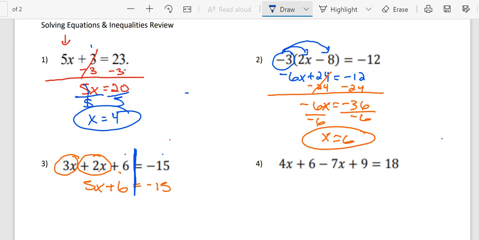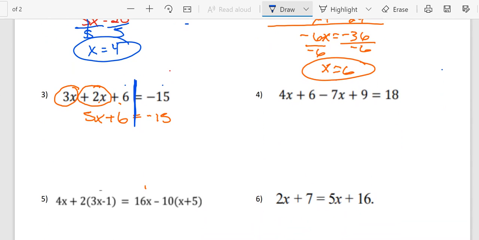As long as they're on different sides of the equation, the only way to get it to go to the other side, or get it to cancel, is to actually go through the process of either subtracting it or adding it to cancel it out. So you could not just do these two together. You have to do a minus 6, a minus 6. All right, so we end up with 5x equals negative 21.